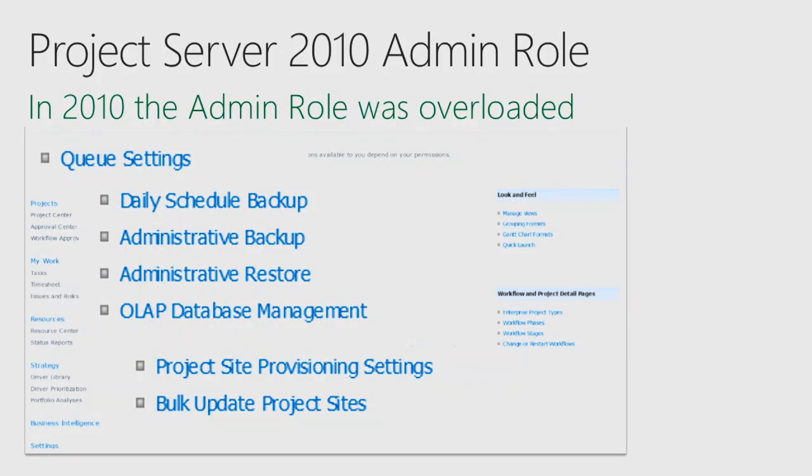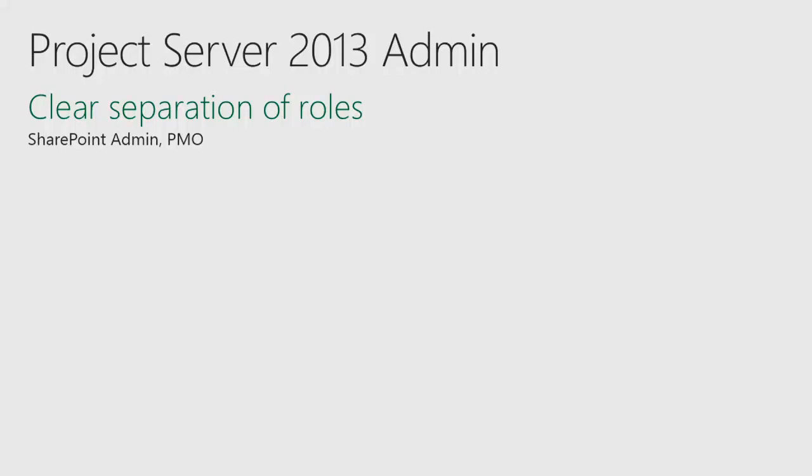So in 2013, we took that feedback and we wanted to separate better the PMO role and the SharePoint admin role. The SharePoint admin needs to go into Central Admin, and that's where they do stuff like create web applications, create service applications, proxies, hook them up, manage workloads.